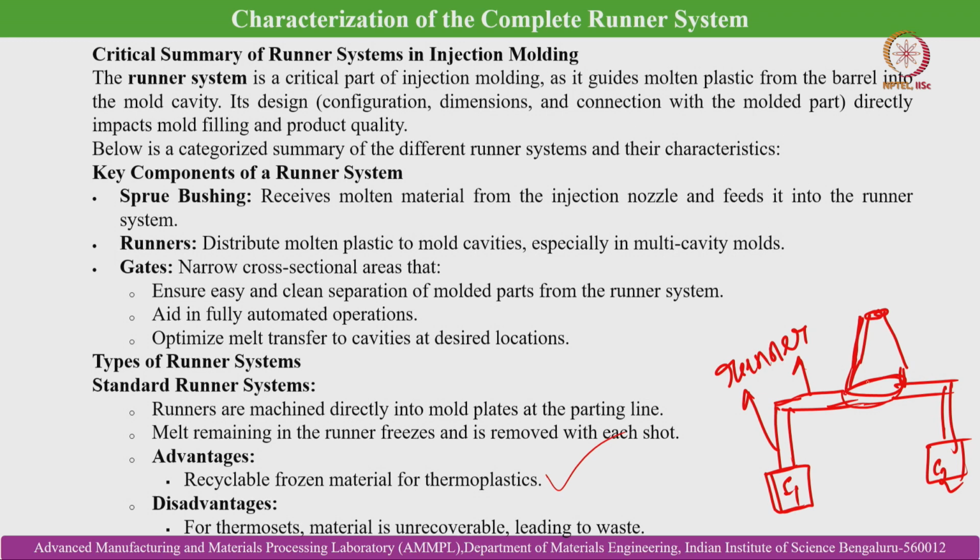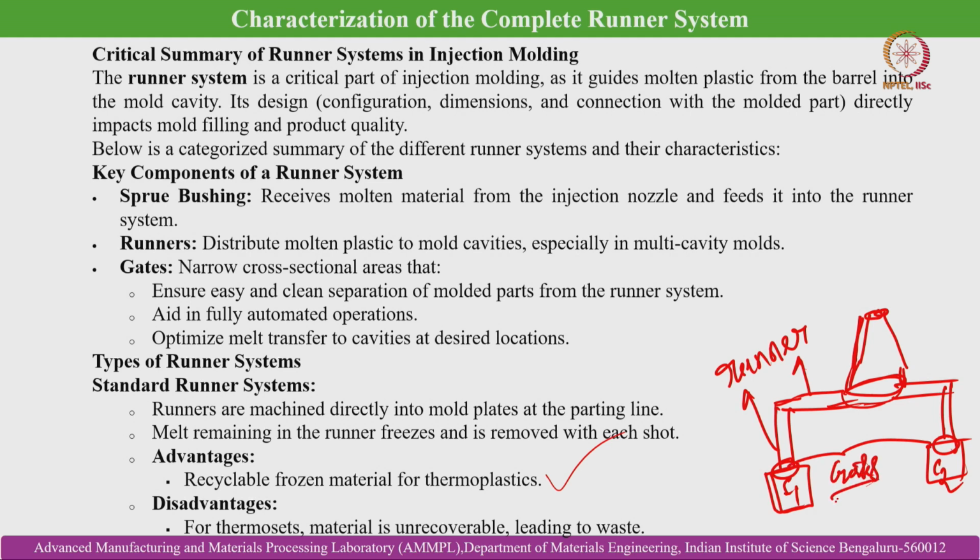So, runners distribute molten plastic or melt into the mold cavity, especially in multi cavity molds, and gates are the narrow cross-section areas that ensure easy and clean separation. Basically these are the regions which are called gates.